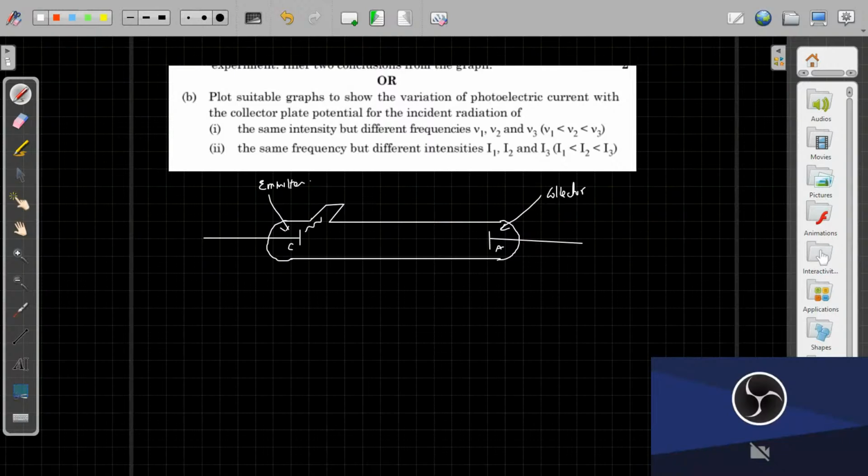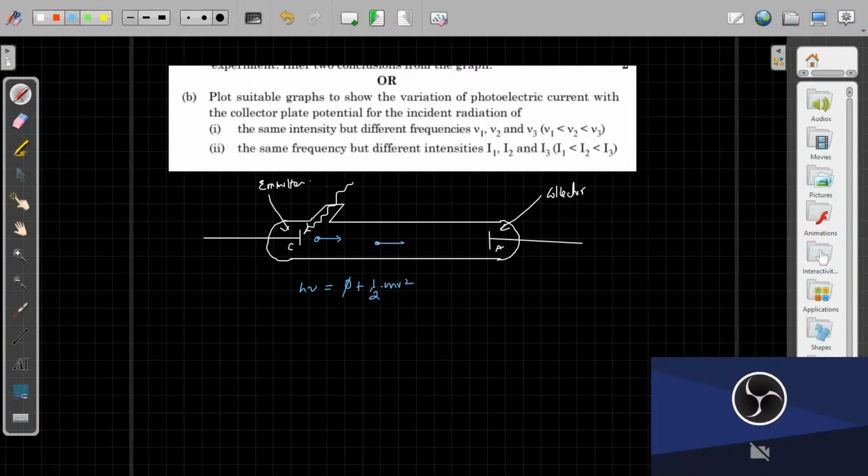So when light of suitable frequency falls here, what happens? Electrons get ejected from here. According to Einstein's relation, part of the incident photon energy will be used to do the work function, and the rest will be used to impart kinetic energy to these electrons.